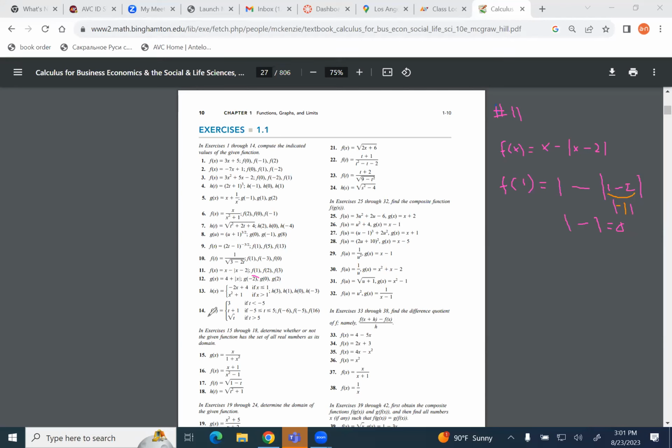So let me try exercise number 14 that deals with function f of letter t. You might say, why would they use letter t instead of x? Well, it actually doesn't matter, but in physics or other sciences, they like to use time function with respect to the time, and that's probably why they like f of t.